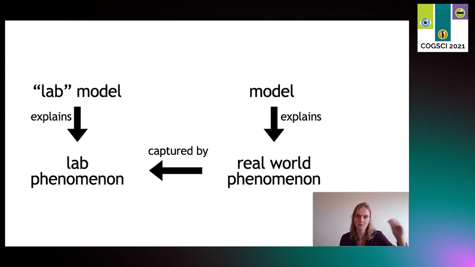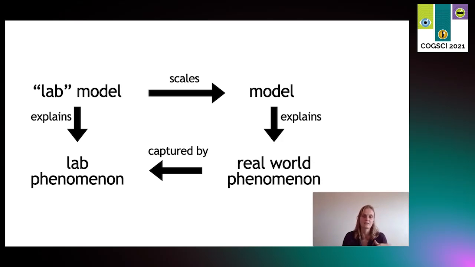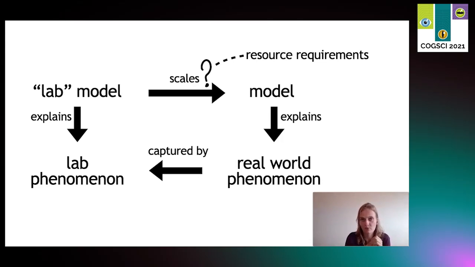We've also found that computational models that act on a similar toy scale as these laboratory experiments can explain what dynamics, what constraints and pressures can give rise to these patterns of results that we find in the laboratory. But an important question, if we want to be able to close this loop of theory development, is whether the computational model that we use on a toy scale can, in principle, scale up to the ecological scale of the real-world phenomenon. And what we mean by scaling is specifically in terms of resource requirements.